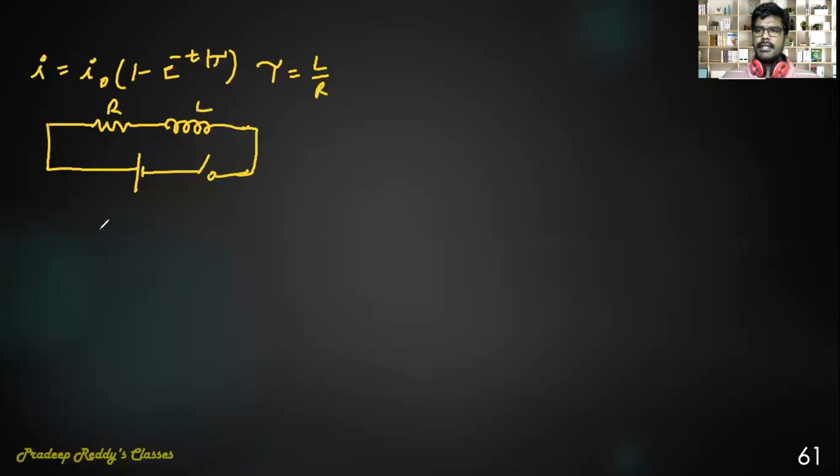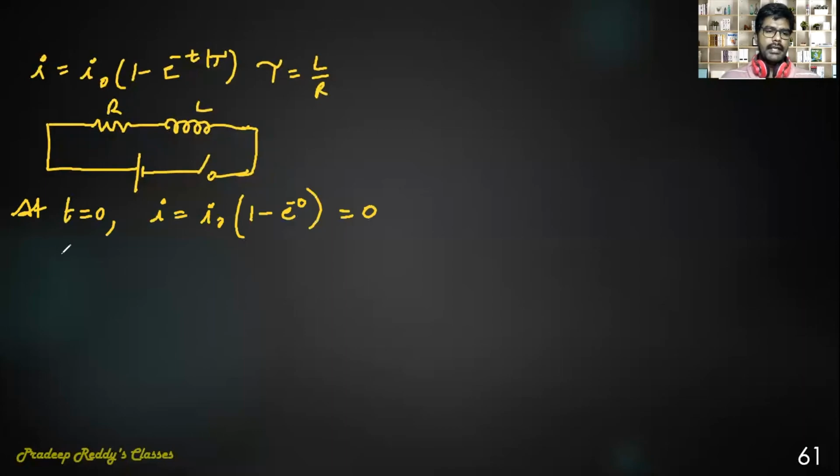Now let us see what happens at time t is equal to 0. At t is equal to 0, I is equal to I naught into 1 minus e power 0. E power 0 is 1, so that will be equal to 0. It means at time t is equal to 0, current in the circuit is equal to 0.